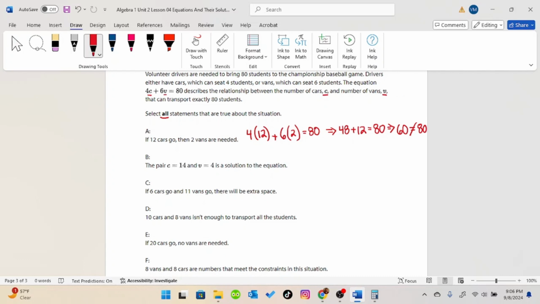This is a false statement, so A is not a correct answer.